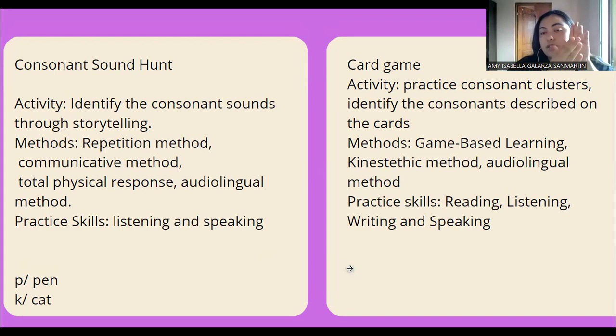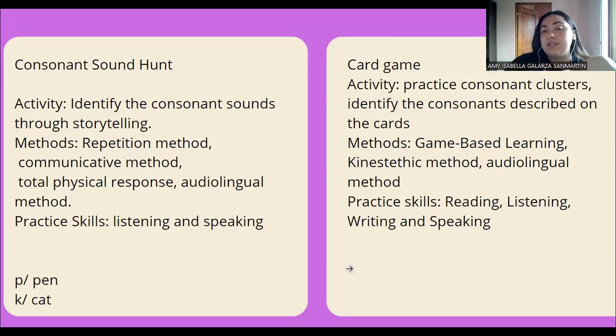One flashcard has the image, and the second flashcard has the word written on it, and they need to identify the word and the image, match them, and raise their hand and say, teacher, I matched one consonant. And then they need to stand up and say a sentence with this consonant word.